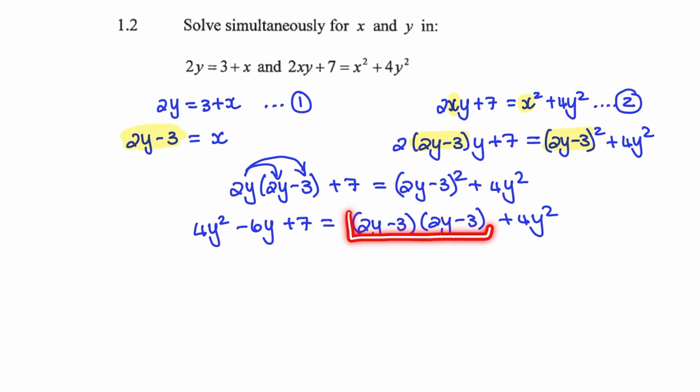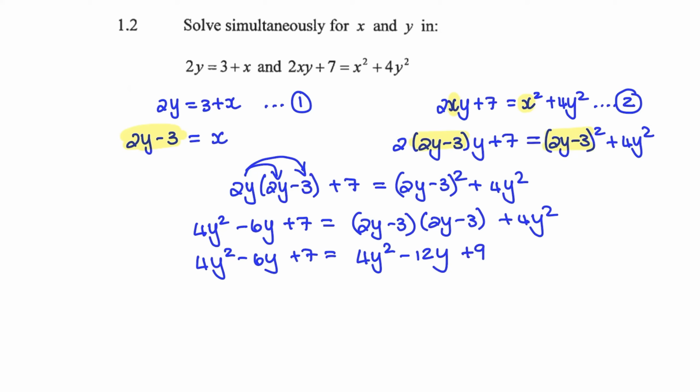Now I'm rewriting it like this in order to avoid the mistake of simply saying 4y squared minus 9. So if I multiply out on the right, I have 4y squared minus 12y plus 9 plus 4y squared.